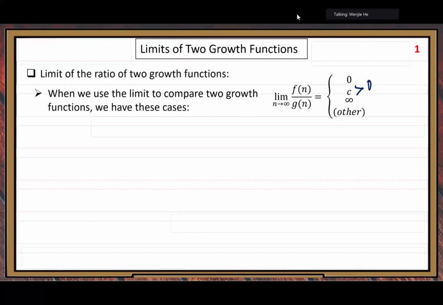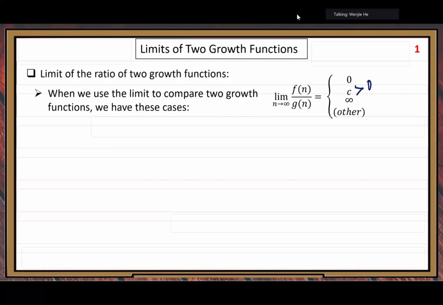Because for our efficiency function, we count the number of basic operations, so that counting number should be positive. So our C can only be a positive number. Then the third case, infinity, the ratio of these 2 is infinity.